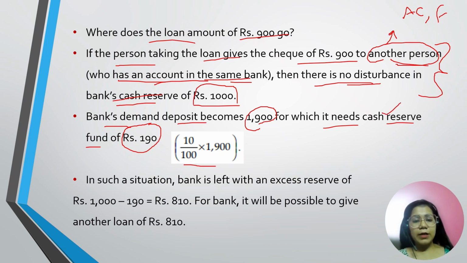What will be the remaining amount? So the bank is left with an excess reserve of 1,000 rupees minus 190, which is rupees 810. So now this 810 rupees can be used to give out another loan by the bank. So let's see the balance sheet and how this happens.